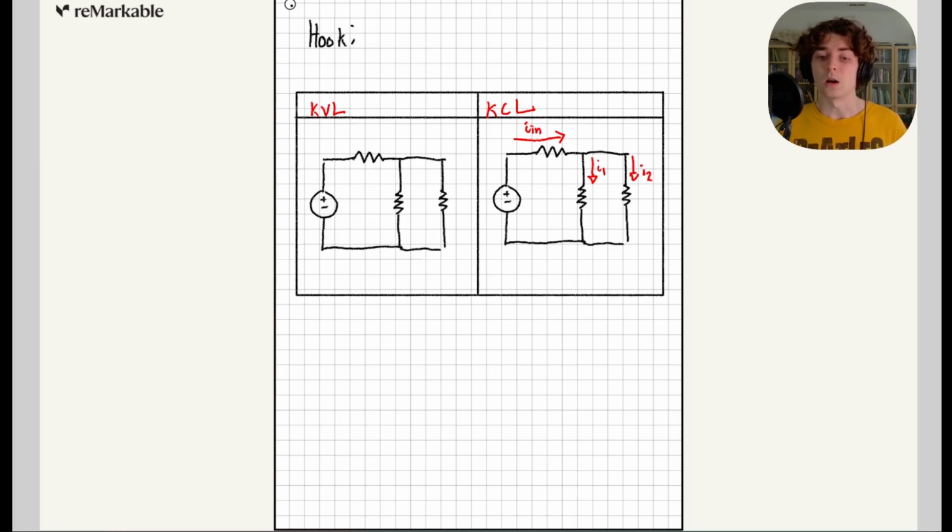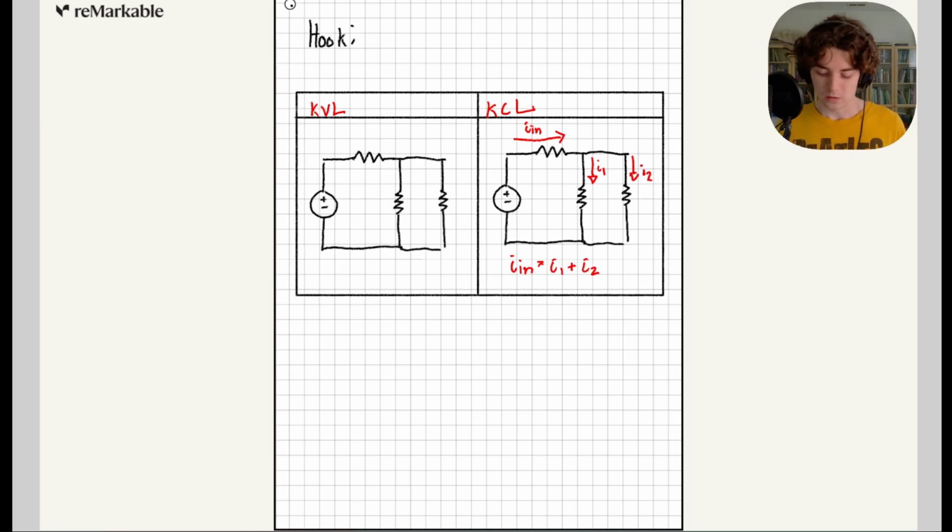Charges are particles, electrons. They cannot be destroyed, so they have to be conserved. So you have some entering, you have to have some leaving. So that means that I_N has to equal I1 plus I2.